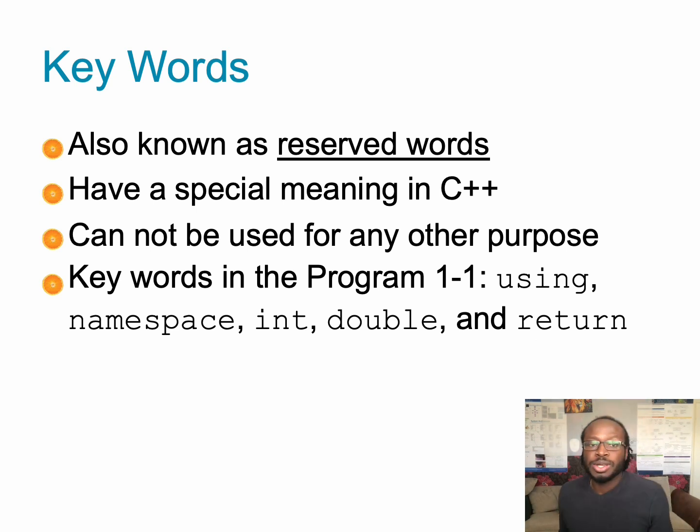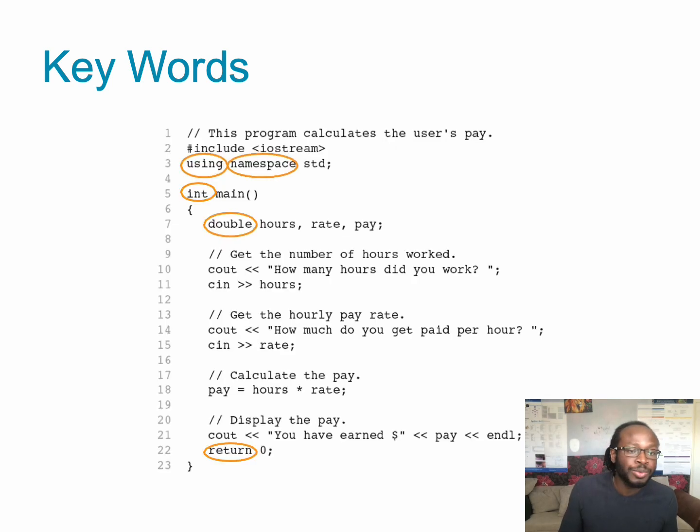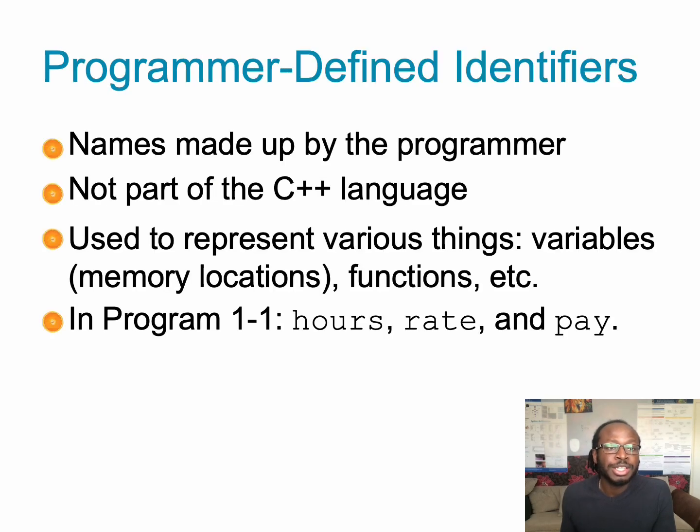Keywords, also known as reserved words, almost sounds like a repetition because we've gone through them, but they cannot be used for other purposes because they are reserved. Things like using, namespace, int, double, for, while, return, and all those examples. We highlighted some of these in the previous session.